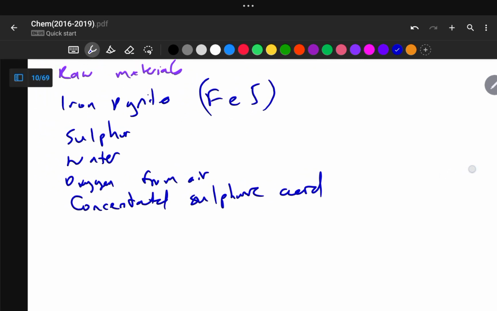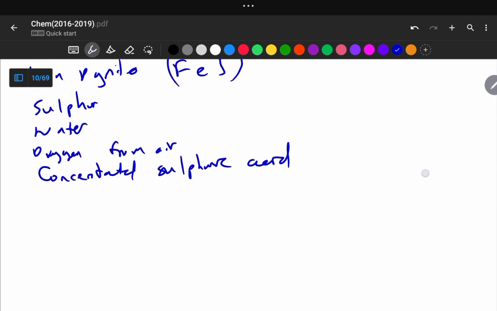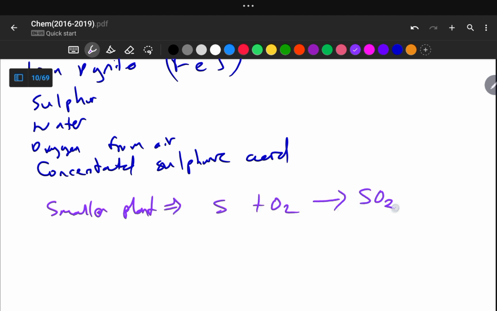So the first stage is to oxidize the sulfur containing compound, either sulfur or iron pyrites, right? So on the smaller plant, we can use this equation, that's a smaller plant. We're having sulfur plus oxygen to give sulfur dioxide.